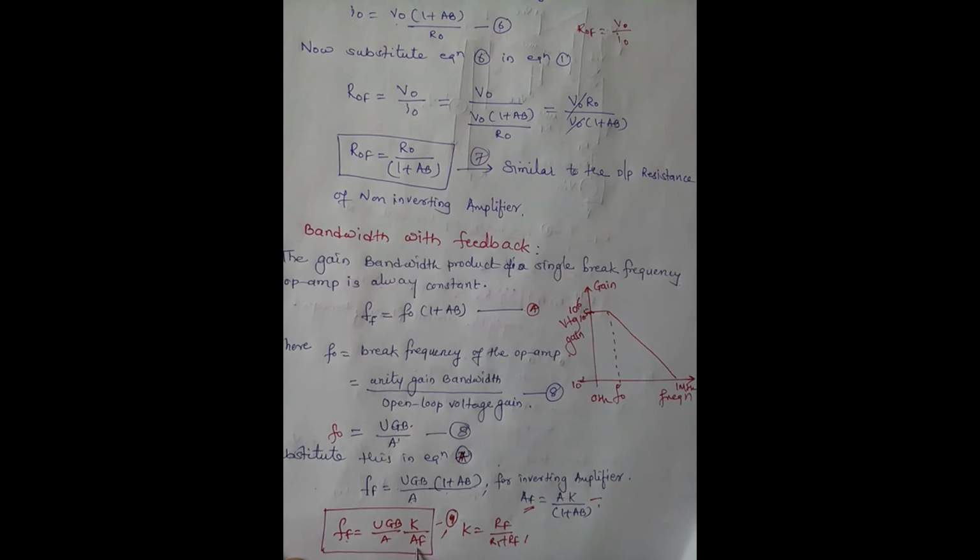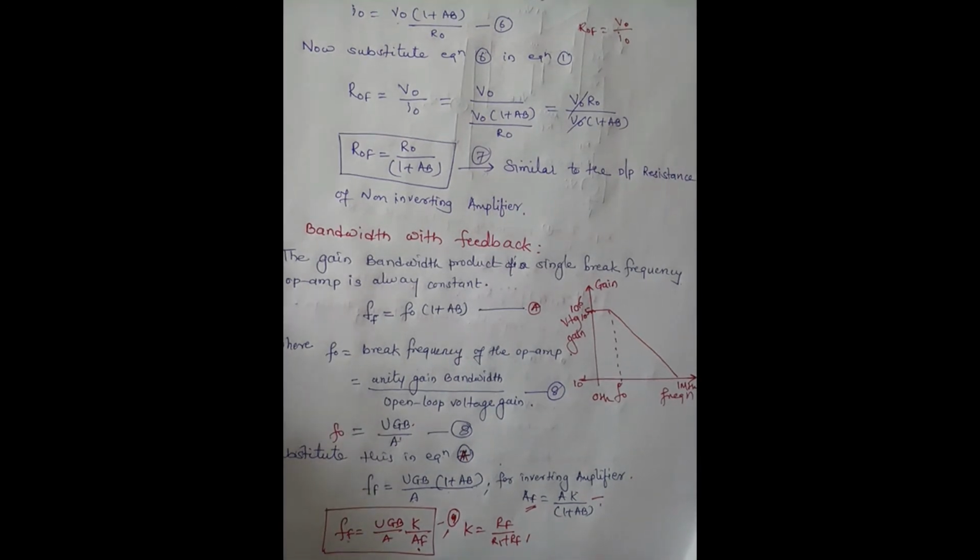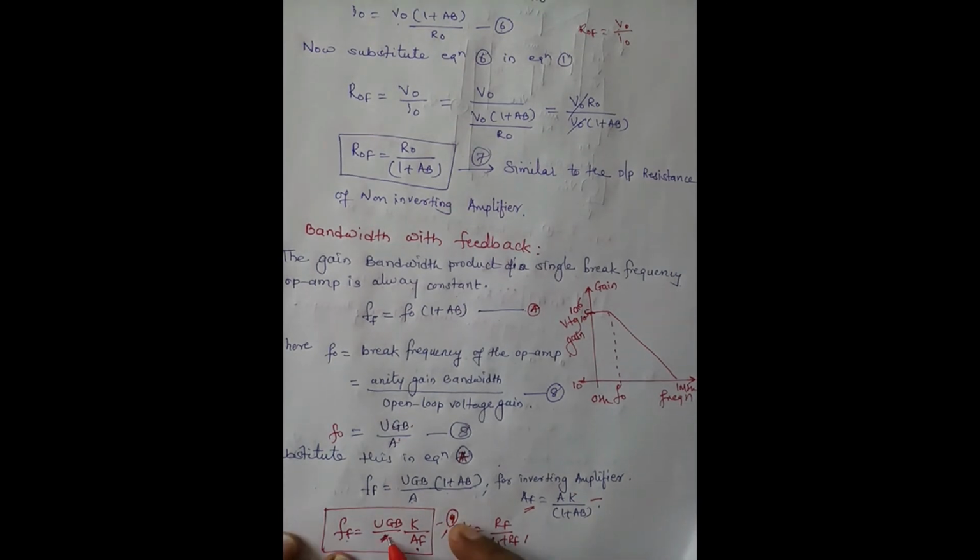Okay. So what we can write here is, it is unity gain bandwidth into K divided by 1 plus AB. Okay. So that it will simply give us K by AF. FF is equal to UGB into K by AF. A will not come here.